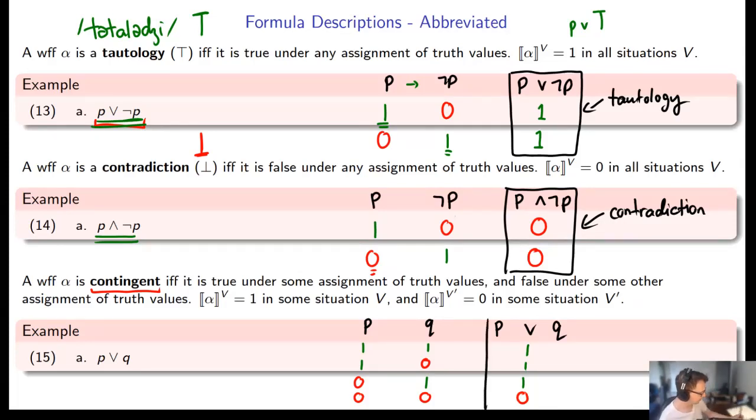So when we say it's contingent here, it's contingent on the values of P and Q. It is true in some rows and false in other rows. Because there's a mix of ones and zeros, we say this is a contingent well-formed formula. So contingent basically covers everything that's not a tautology and not a contradiction.